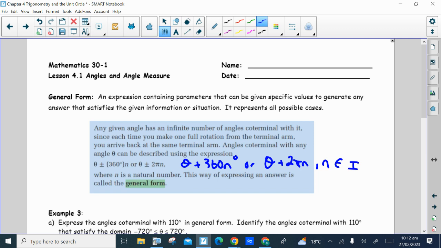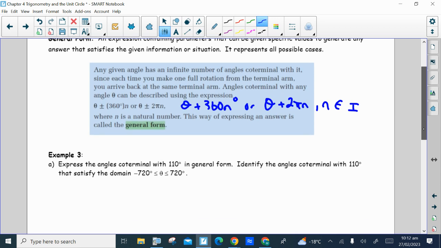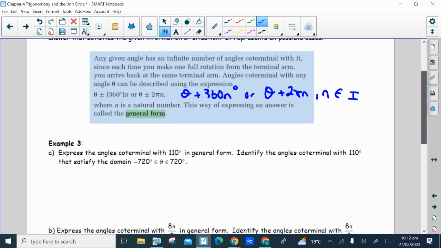By using integers, it eliminates the need for the plus and the minus after the theta. If you want to use natural numbers, that's fine, but you have to make sure you put a plus and a minus between theta and the angle. But I'm going to be using integers, which eliminates the use of the plus or the minus.